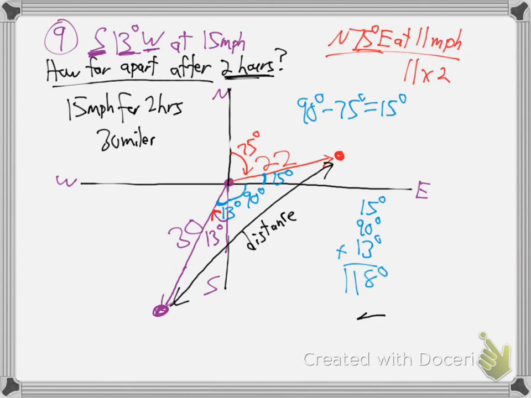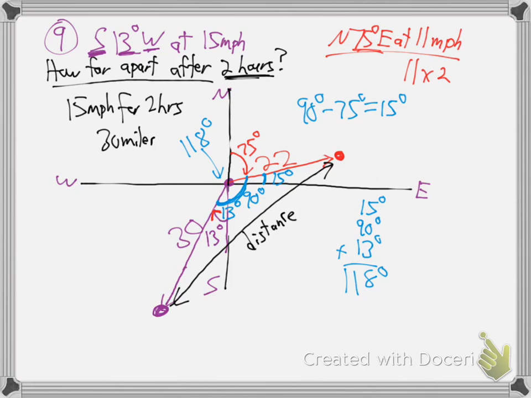That's 118. So this whole angle here is 118 degrees. Now I've got side, angle, side: law of cosines.